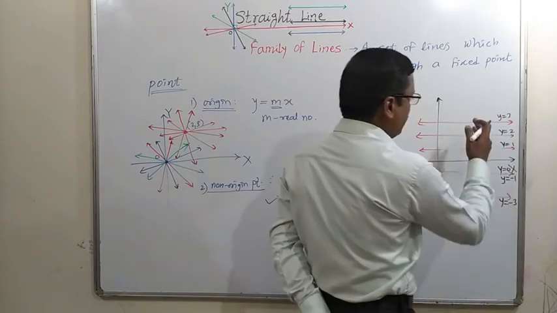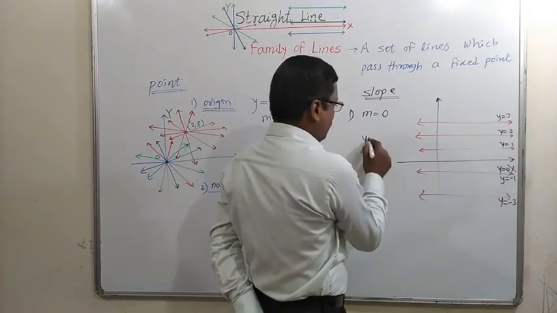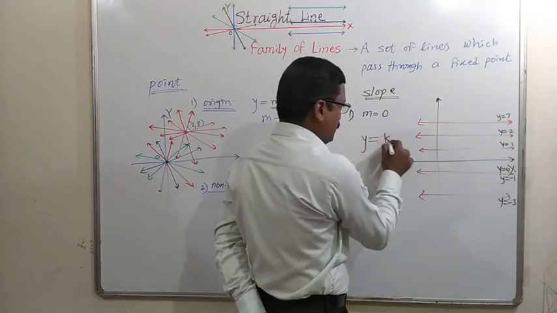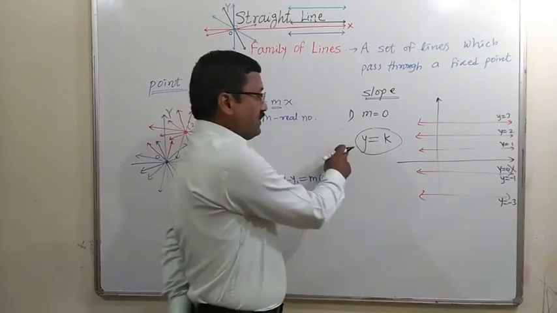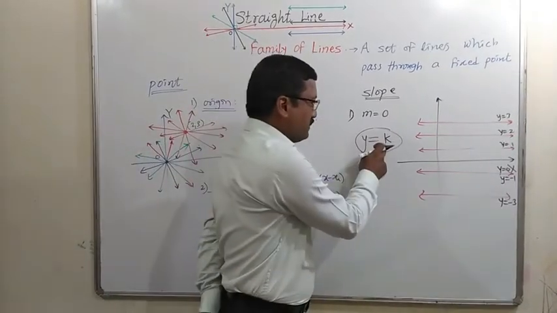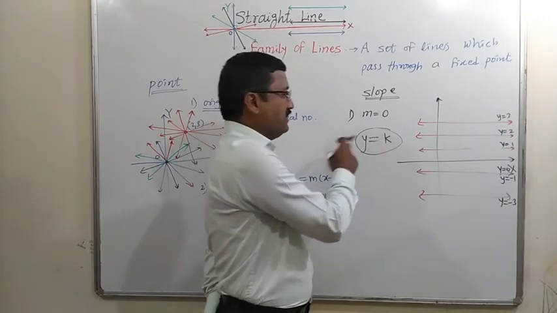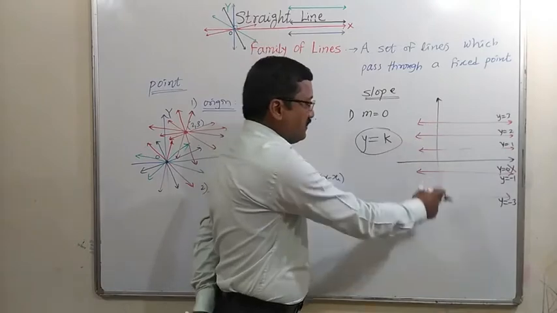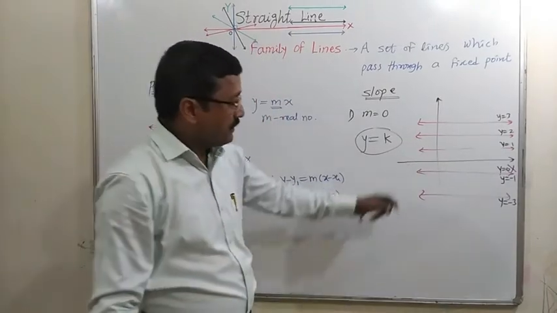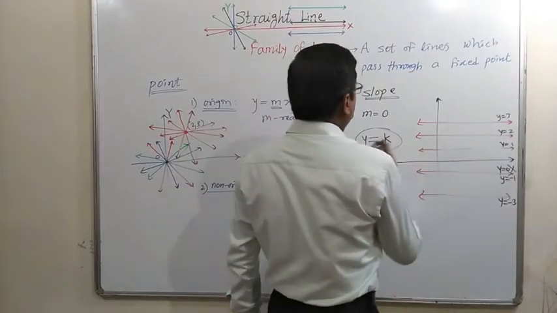So from this we can see it's a set of lines having the equation y is equal to k. So y equal to k is a family of lines. For different real values of k, we get lines parallel to the x-axis. So it's a family of parallel lines.